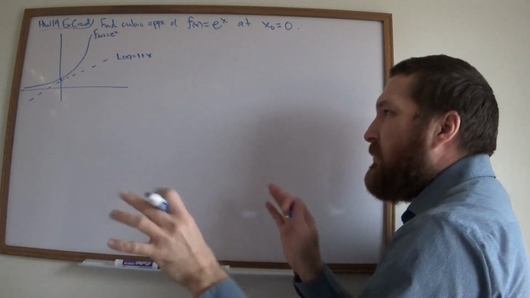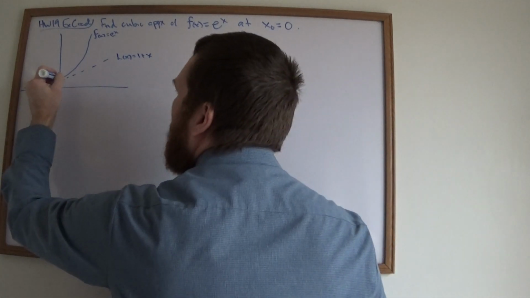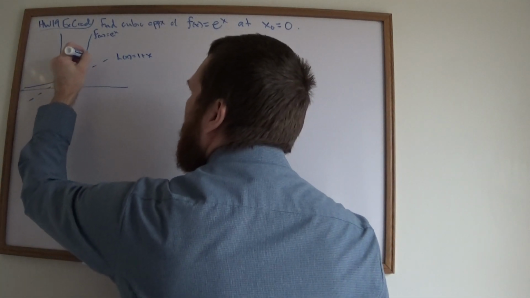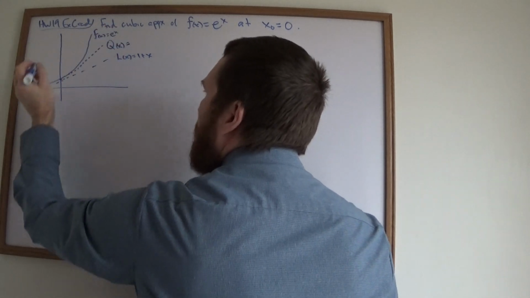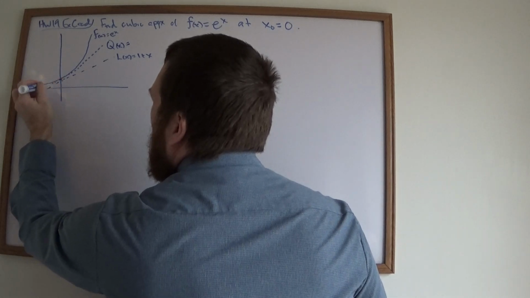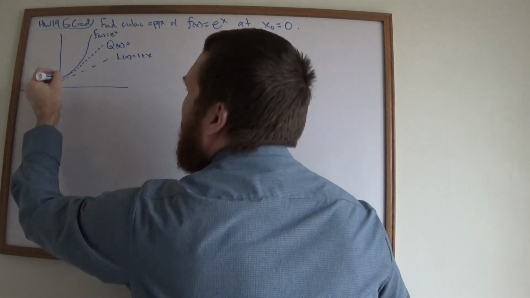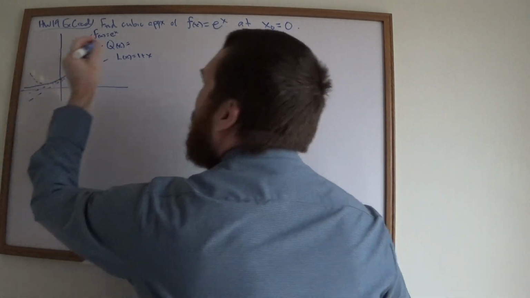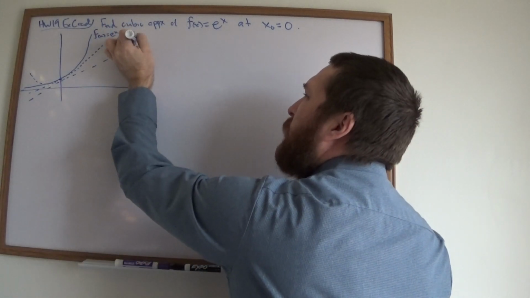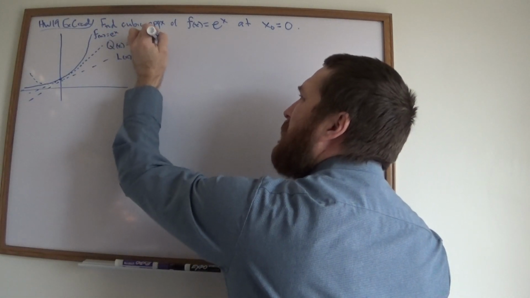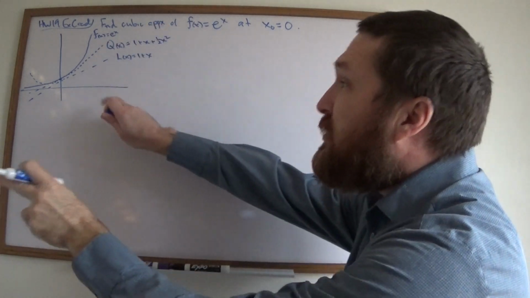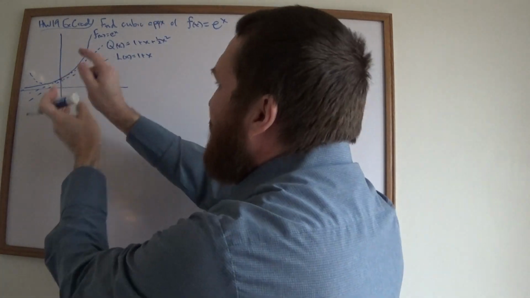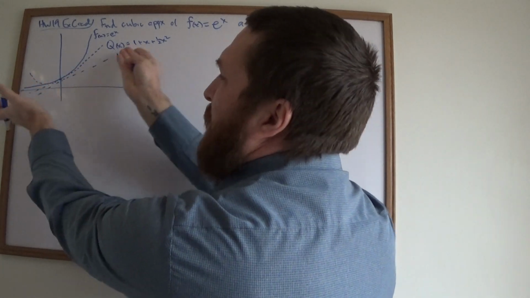Then you go through and you do some stuff and you find the cubic approximation. It's like 1/6 x to the 3rd plus... Oh, I'm sorry, the quadratic. You find that the quadratic is 1 plus x plus 1/2 x squared. And it does a better job. Like, the linear one works there and then immediately pops off, right?